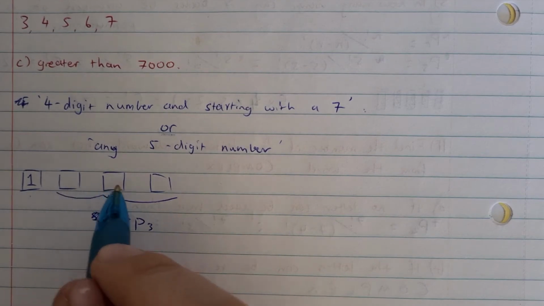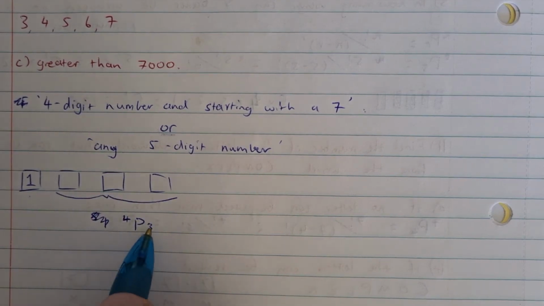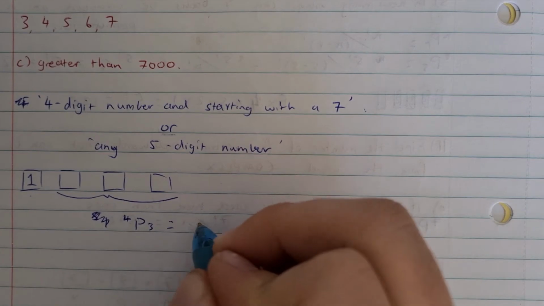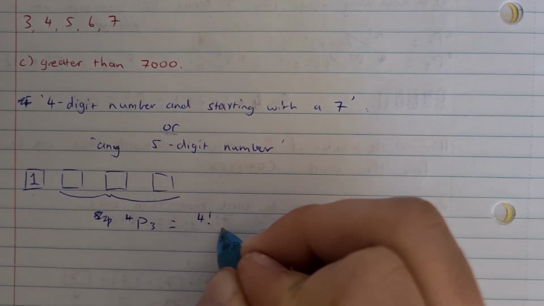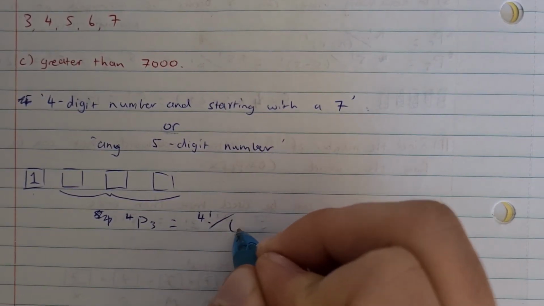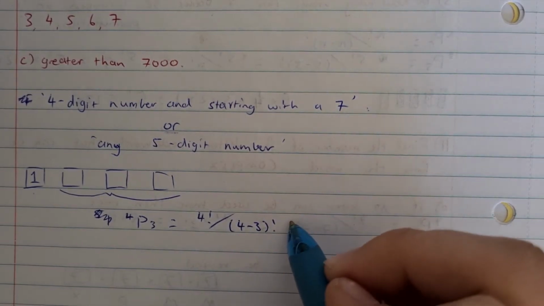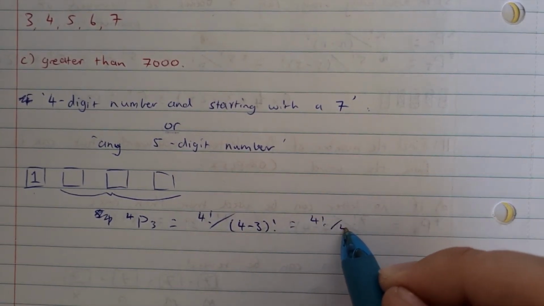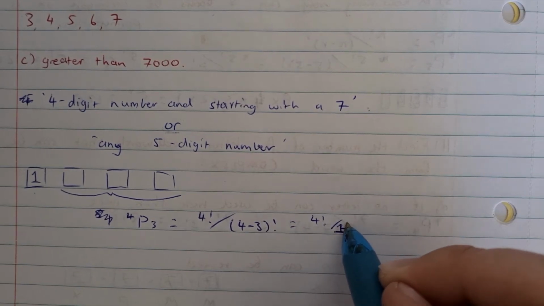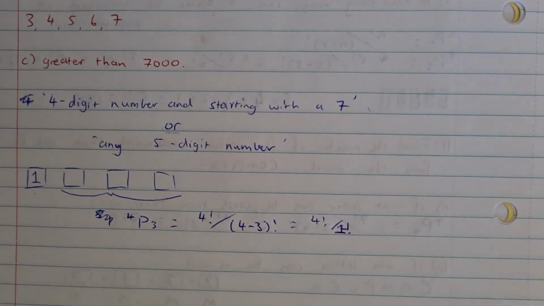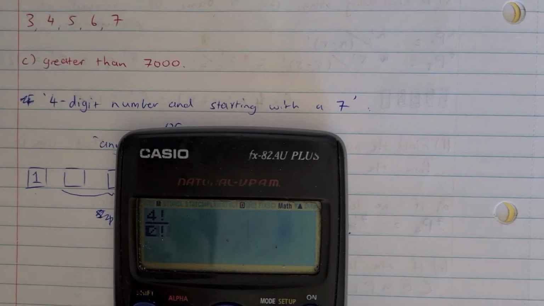So for these final 3 digits, we're going to have 4p3 permutations. So in our formula, 4 factorial divided by 4 minus 3 factorial. 4 minus 3 is just 1. So 4 factorial over 1 factorial. We can put that in our calculator. 24.